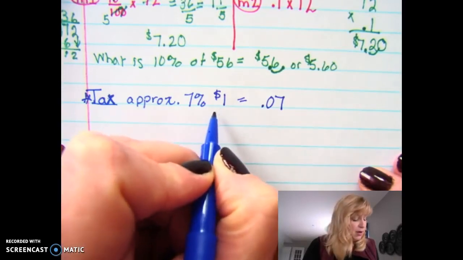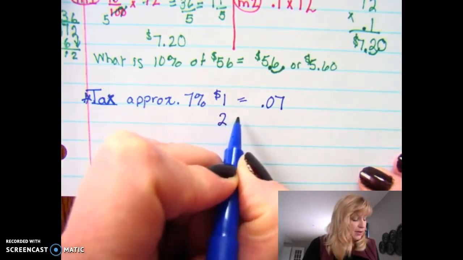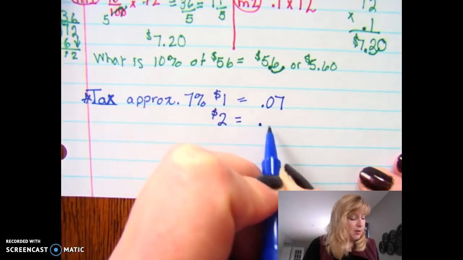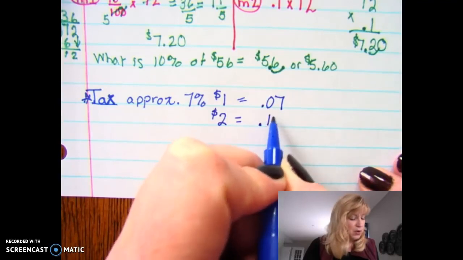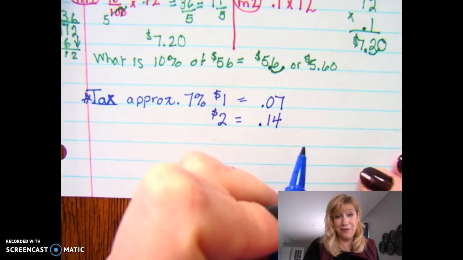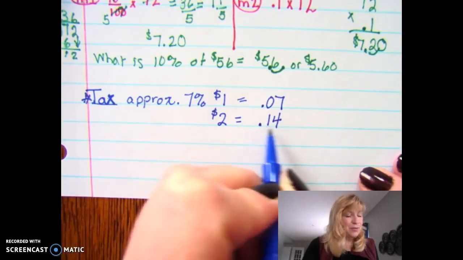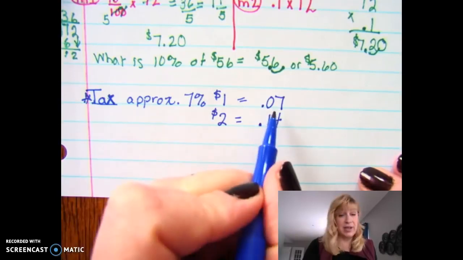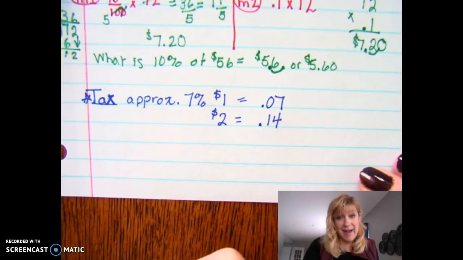If you have $2 spent at the dollar store, you end up with double that, which is 14 cents in tax, and so on and so forth, until you really need to estimate high for how much money you need when you go shopping, because they're going to tack on this tax every time you purchase something.